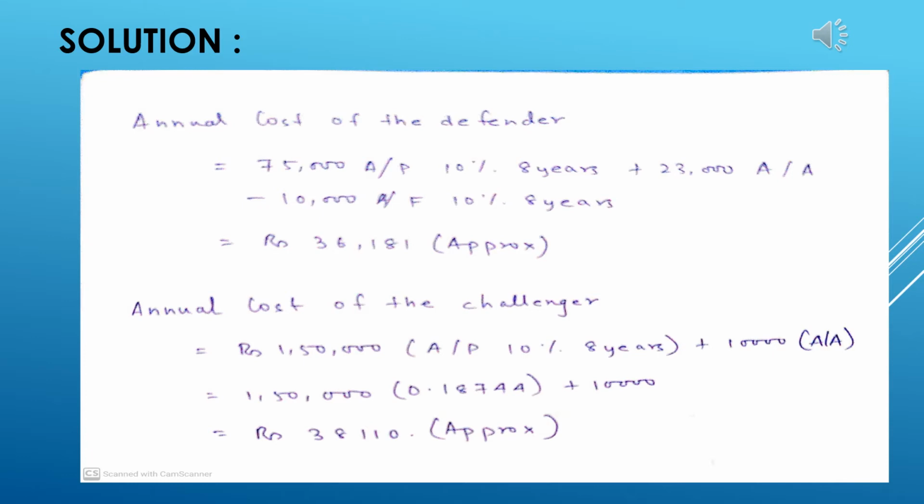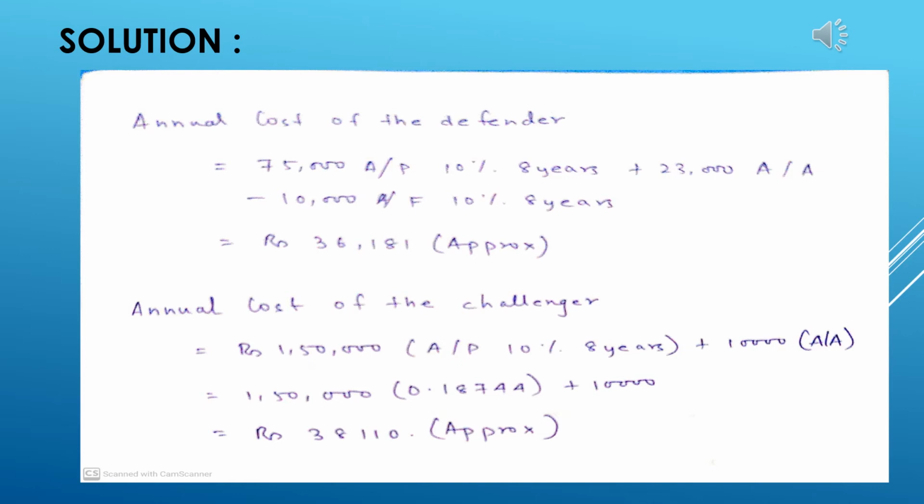Here, since it is a cost calculation, the cash outflow method will be taken into consideration, where all cash outflows will be treated as positive and all cash inflows will be treated as negative.